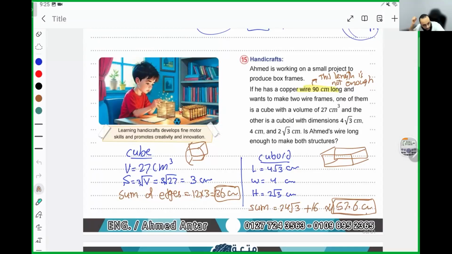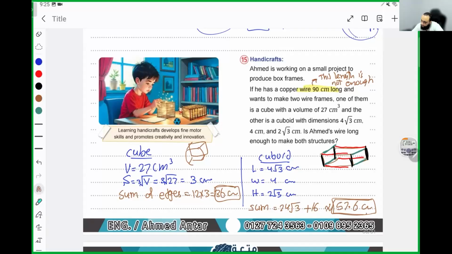12 times 3 is 36. And the other is a cuboid with dimensions 4 root 3, 4, 2 root 3. Length, width, and height. How many lengths are there in the cuboid? 1, 2, 3, 4. How many widths? 1, 2, 3, 4. How many heights? 1, 2, 3, 4.